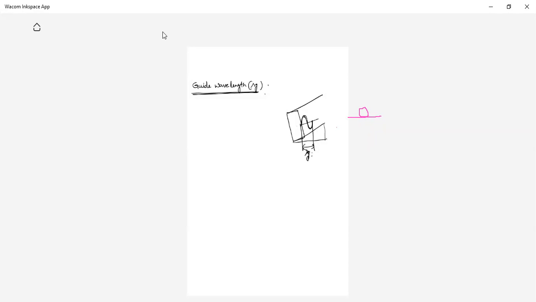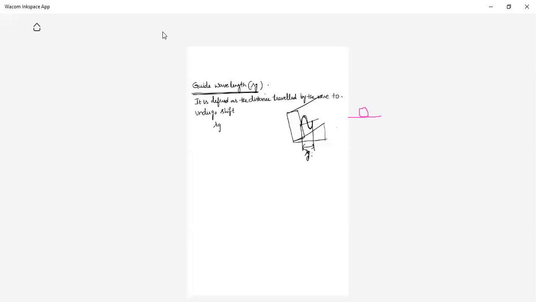It is defined as the distance traveled by the wave to undergo a phase shift, which is called guide wavelength.